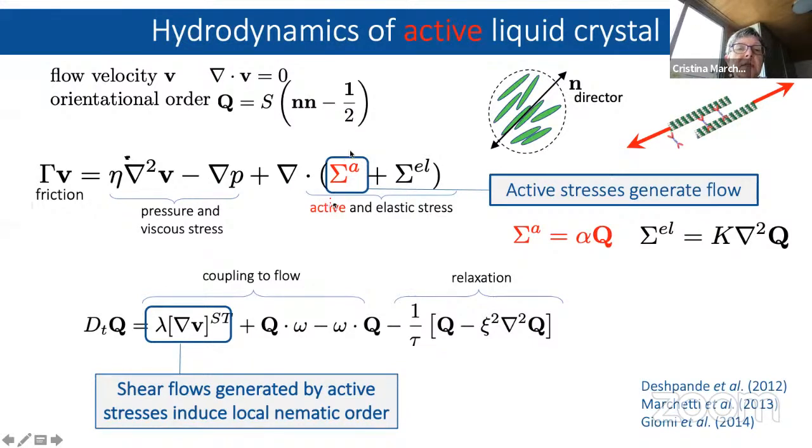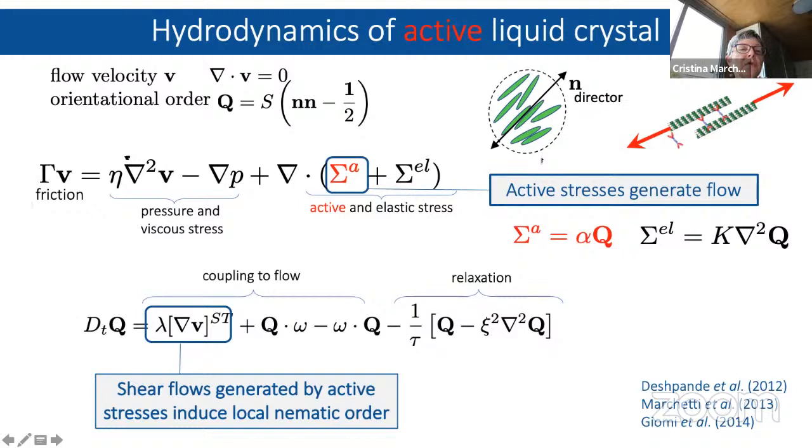These active stresses I introduced earlier, which are proportional to activity and to the nematic tensor, and elastic stresses that arise from these nematic degrees of freedom, which describe the energy cost associated with deforming the local orientation. Flows deform the orientation, and there is an energy cost to that, or if you like, the deformation of the orientation generates flow. There is an interplay between these two. So that's the equation for the flow velocity.